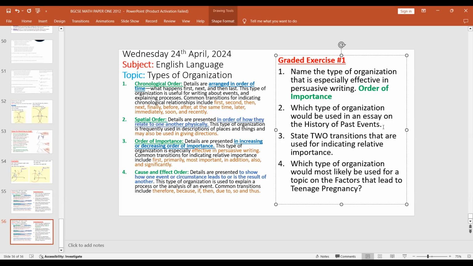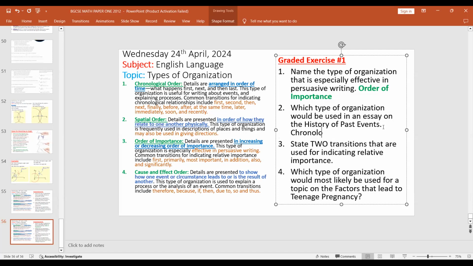If you're talking about the history of past events, you're going to mention which one came first, second, then third. So chronological order is the one that I was looking for. Anyone got that right? I did. Paul? I did. Okay.